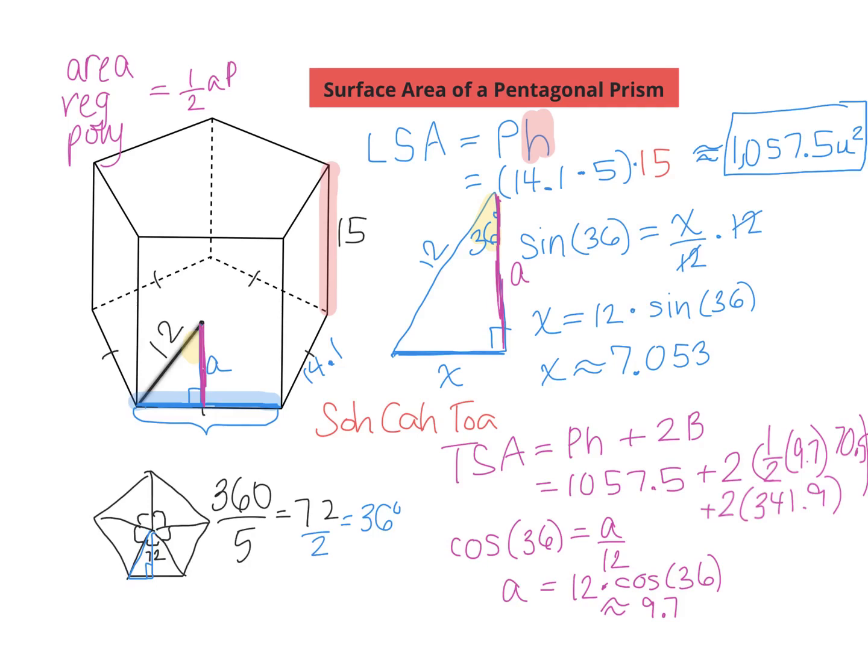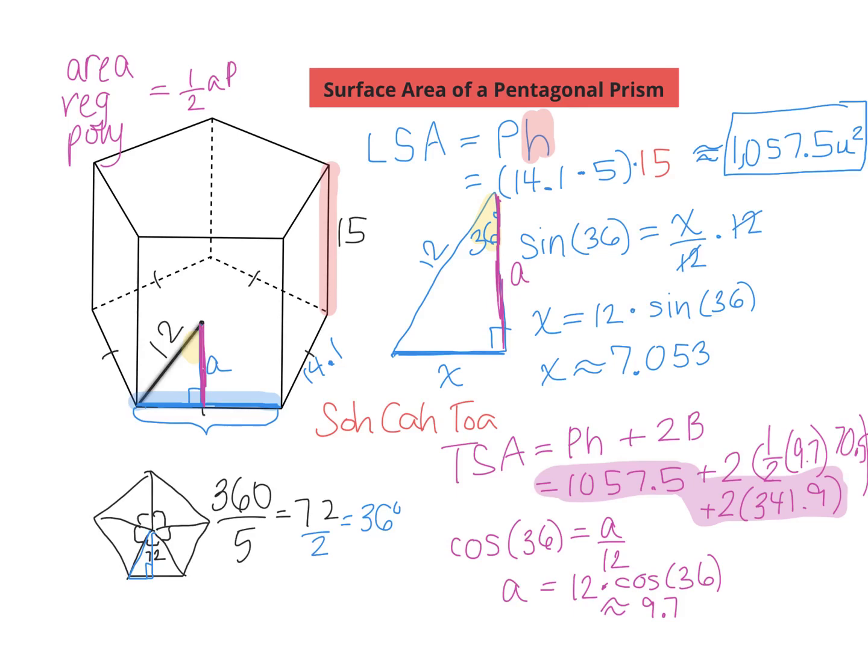Okay, so now to calculate, this is a little bit messy looking, so let me kind of just highlight what we're doing here. So we're trying to calculate the total surface area, so I'm doing the lateral surface area plus 2 times the area of the base. So let me go ahead and add that together in my calculator. So I have 1057.5 plus 2 times 341.9.